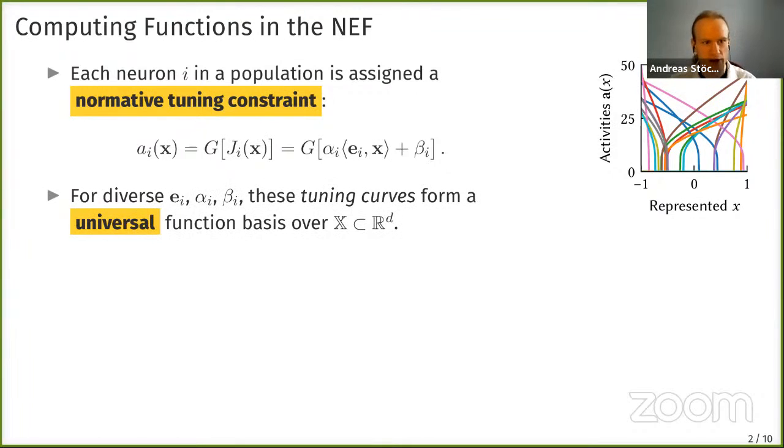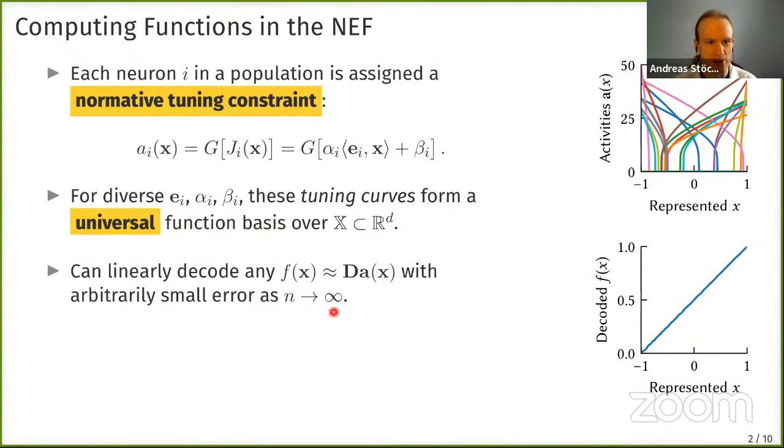The crucial point here from a theoretical perspective is that if we choose these parameters carefully, then the corresponding tuning curves, which are depicted up here, form a universal function basis over a compact subspace of R^d. That means that as we increase the number of neurons to infinity, we can decode any function over the represented values.